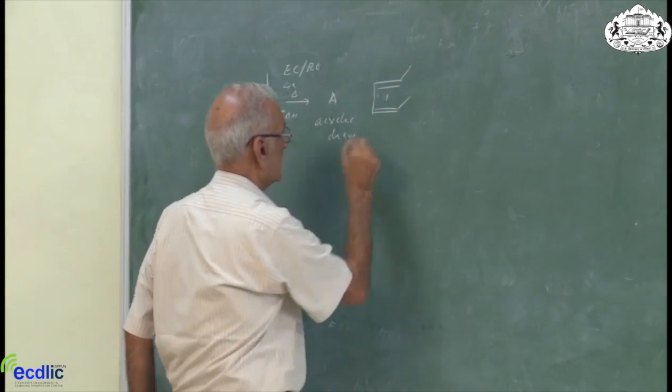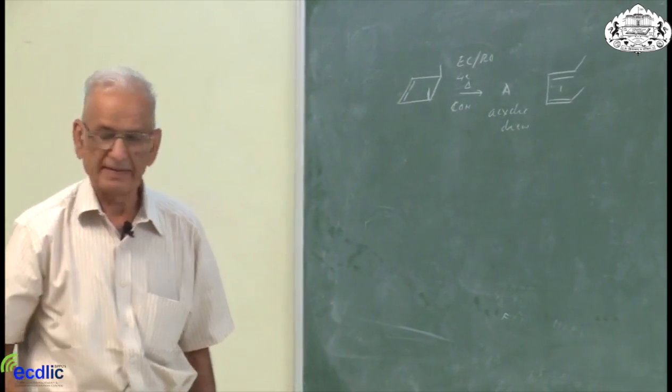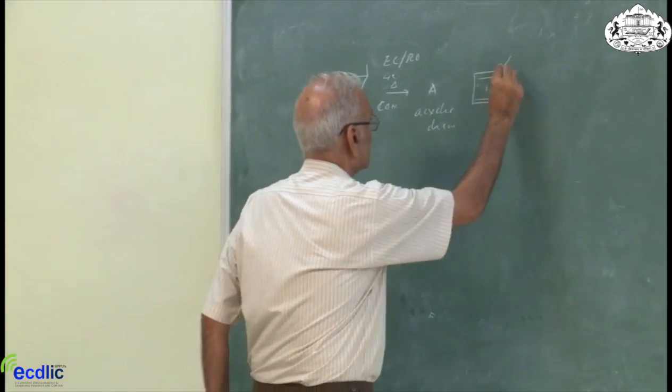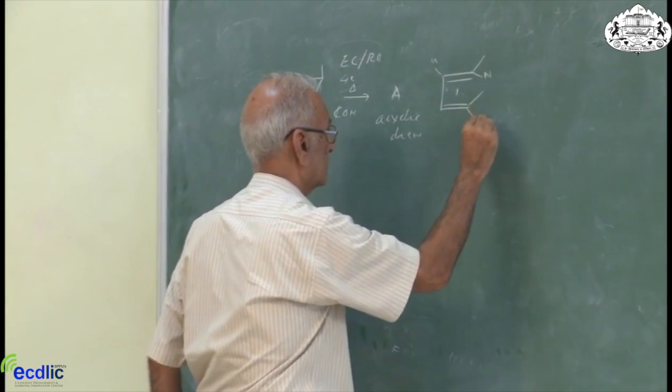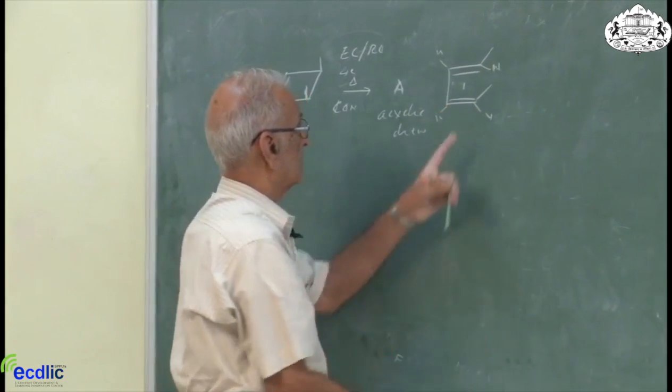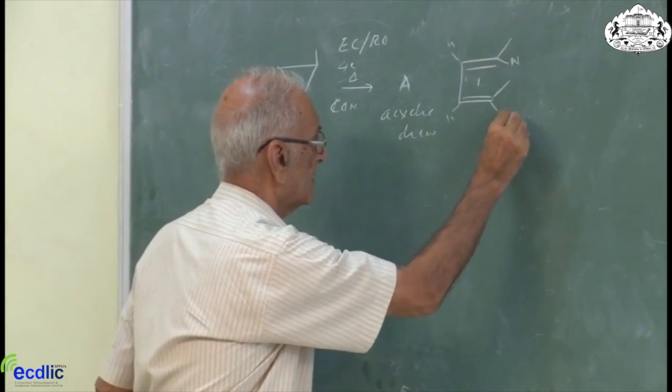One methyl group is outside, one methyl group is inside. What does this translate into? This double bond is trans, this double bond is cis.